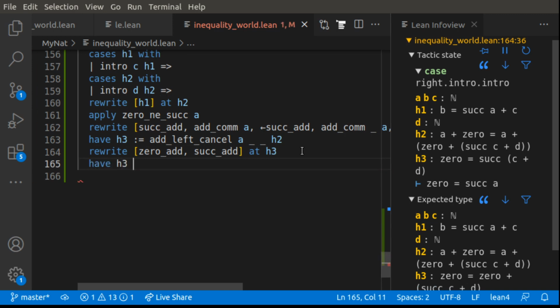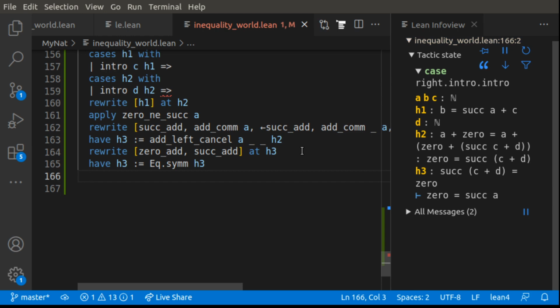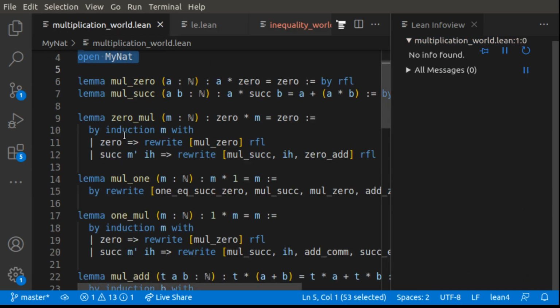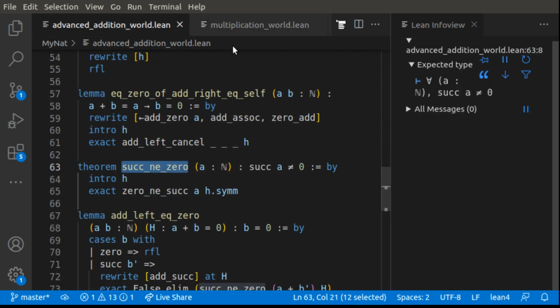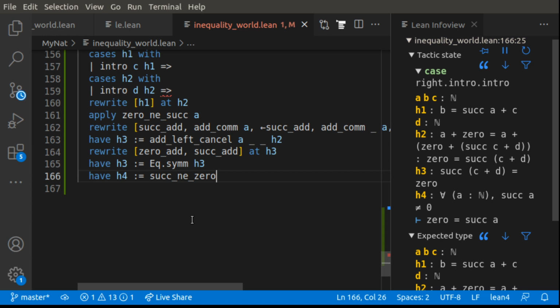Have H3. Okay. Now we can apply, almost there. Successor not equal 0. H4, 0.